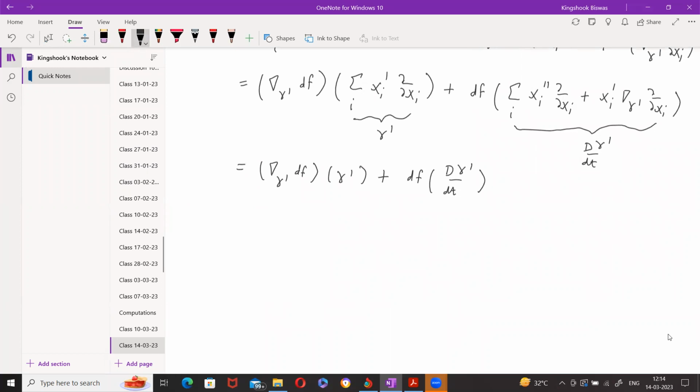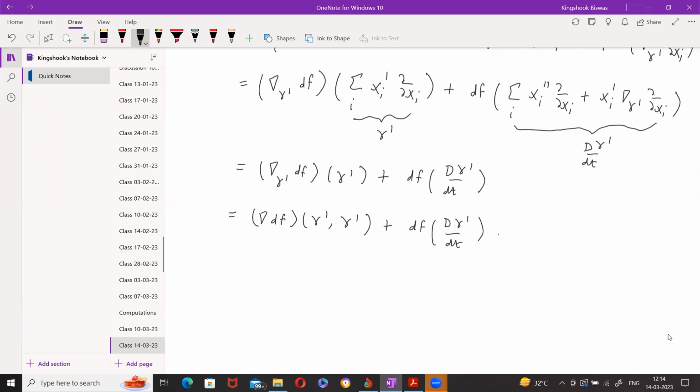This is nabla df applied to gamma prime comma gamma prime, plus df applied to d gamma prime dt.